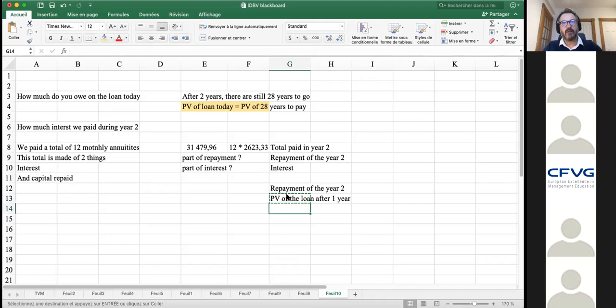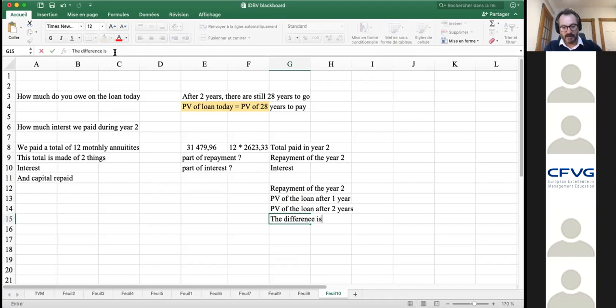Then you calculate the present value of the loan after 2 years, and the difference is the repayment of the year 2. And once you find this difference of the payment in the year 2, you can deduce a part of interest.